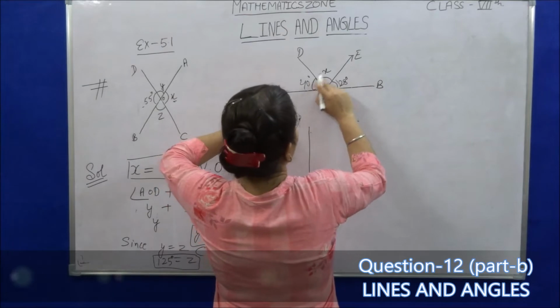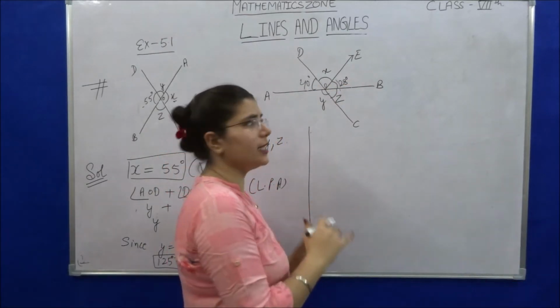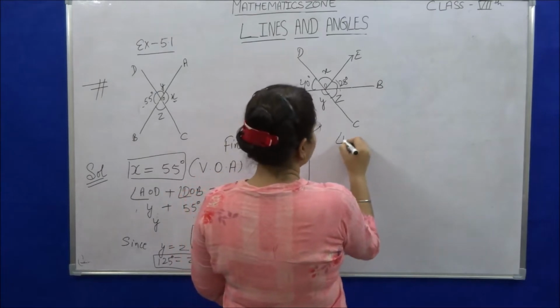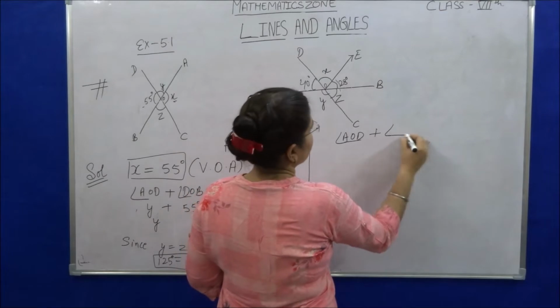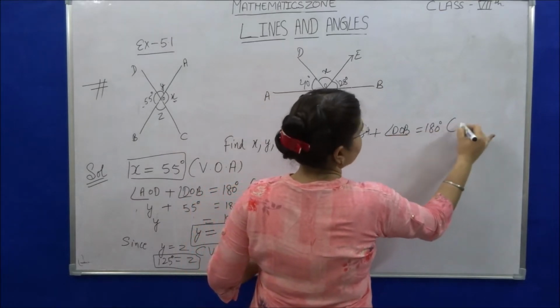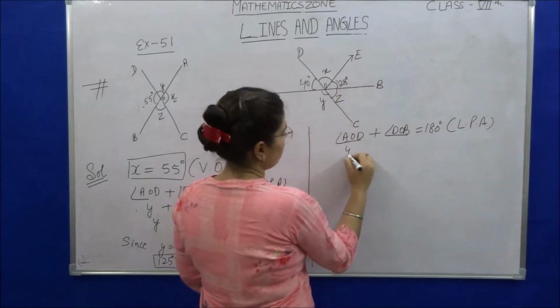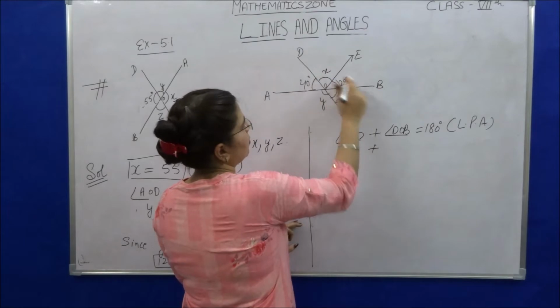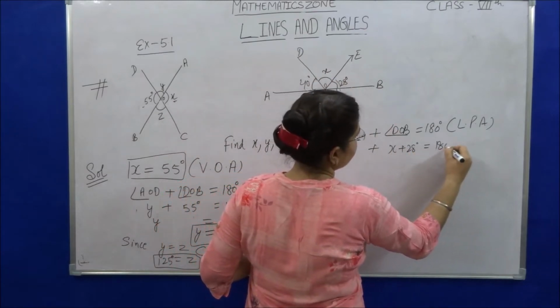So here the sum of these three angles will be equal to 180 degrees by linear pair angles. So angle AOD plus angle DOB is 180 degrees by linear pair. So angle AOD is 40 degrees plus BOD is X plus 28, equal to 180 degrees.